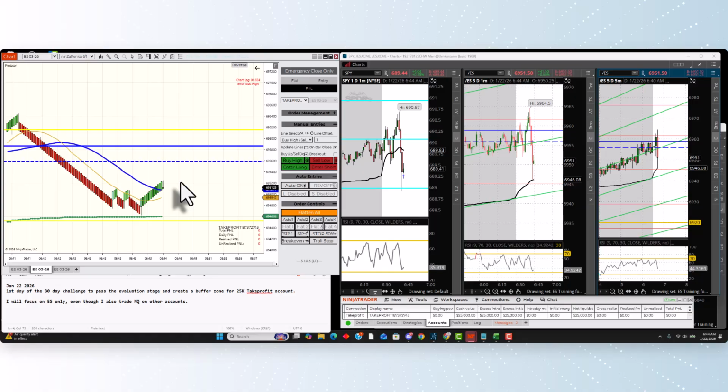The hardest thing in trading, I'm sure you guys are aware of, is to have the patience to wait for the trade.